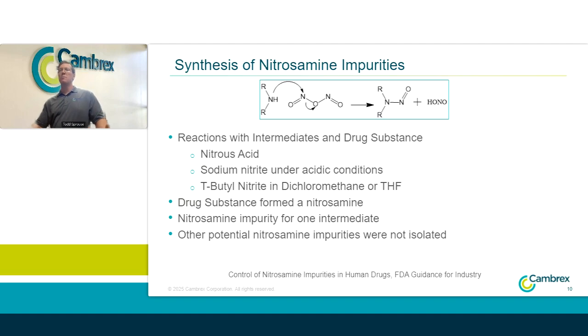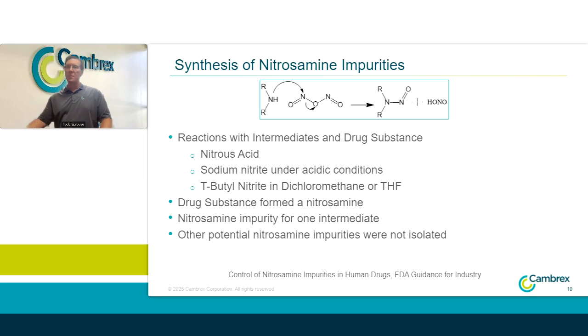Evaluating the different impurities was a different story. We used nitrous acid from sodium nitrite under a variety of acids, HCl and acetic acid, and utilized t-butyl nitrite for reaction conditions that required organic solvents.